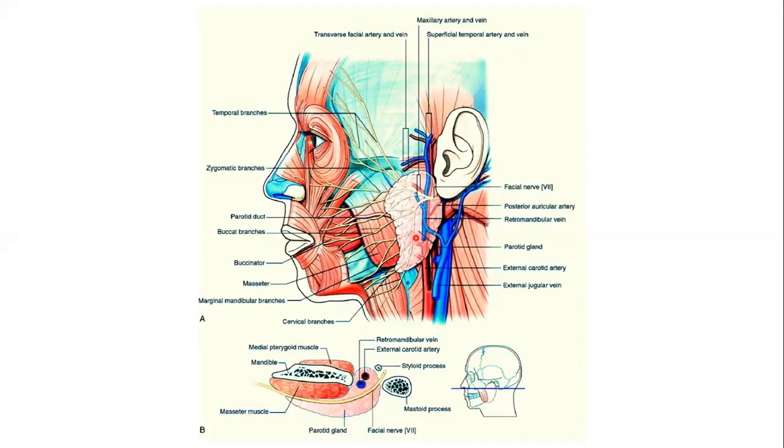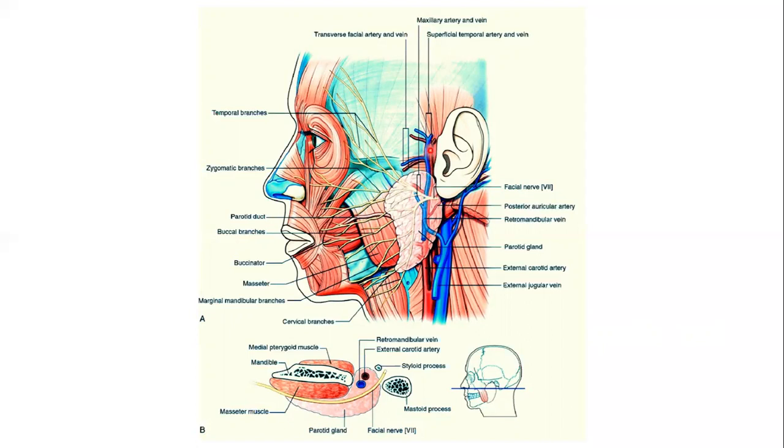And how is the retromandibular vein formed? By the union of these two veins. These are shown over here, and you can see, what is this vein?